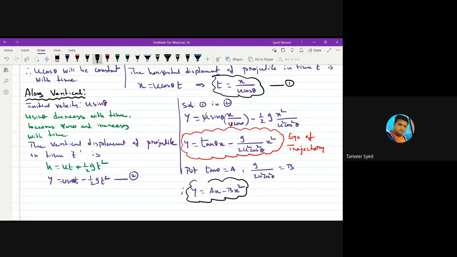This is the equation of a parabola, which is a shape of this kind.